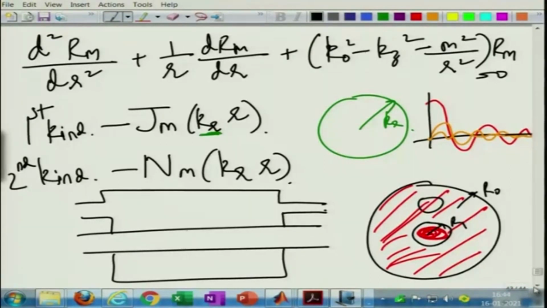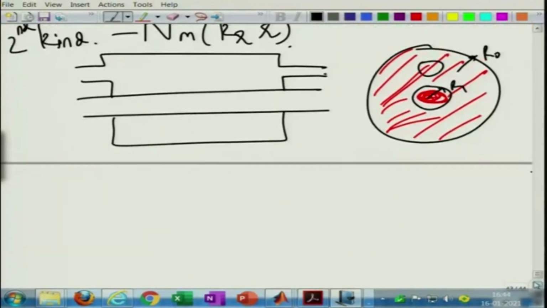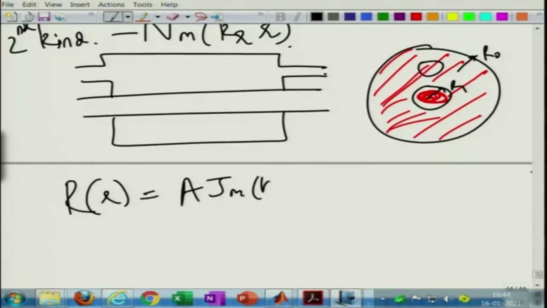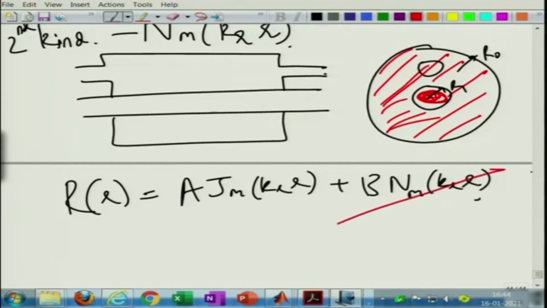The full modal solution will be of the form R(r) equal to A times J_m(k_r r) plus B times N_m(k_r r). Now, because the origin is included, N is infinite, so B is going to 0. So, A times this thing.